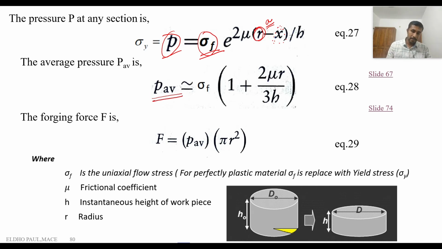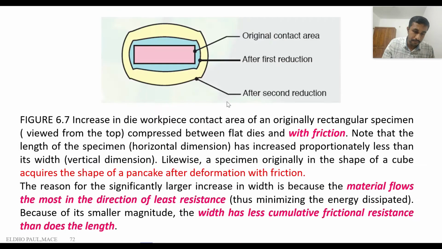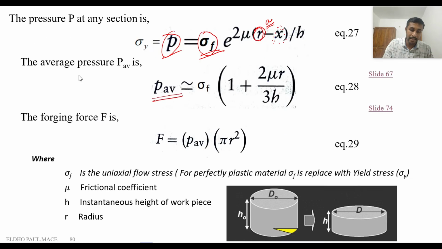For the average pressure there is a difference. For the rectangular workpiece, the average pressure is sigma dash f into 1 plus mu a by h. But here there is a variation: not mu a by h, but 1 plus 2 mu r by 3h.